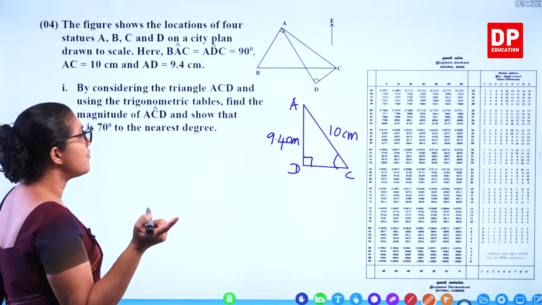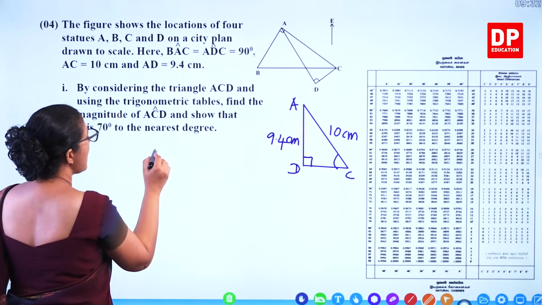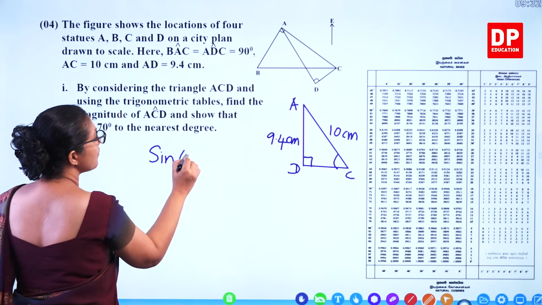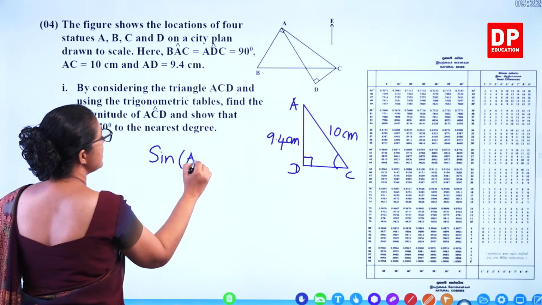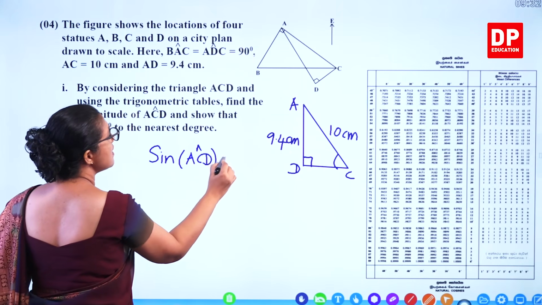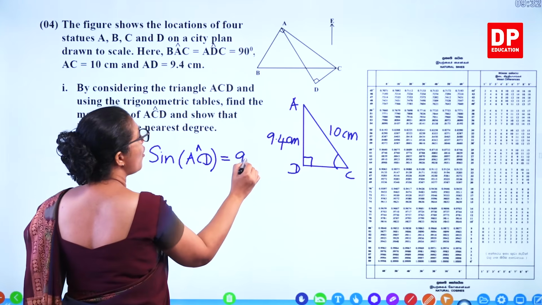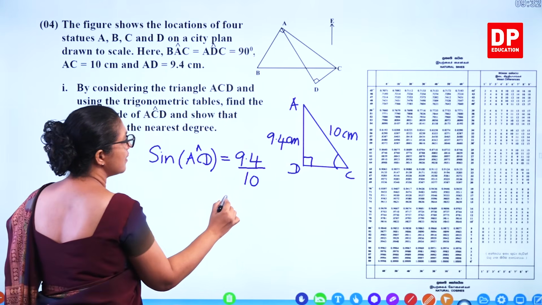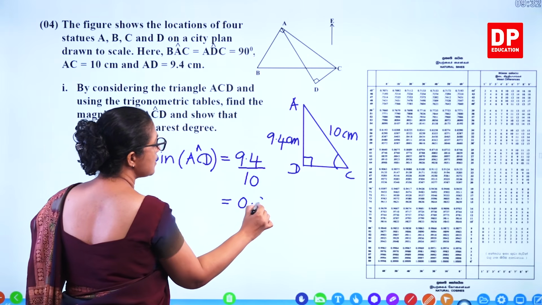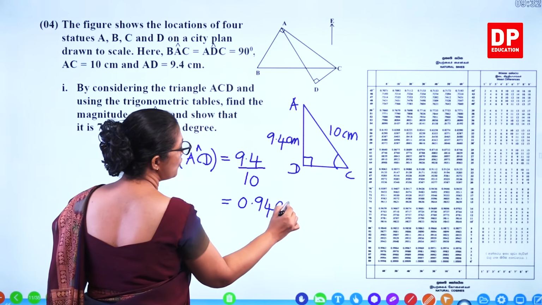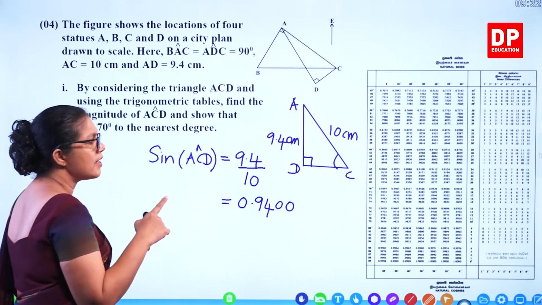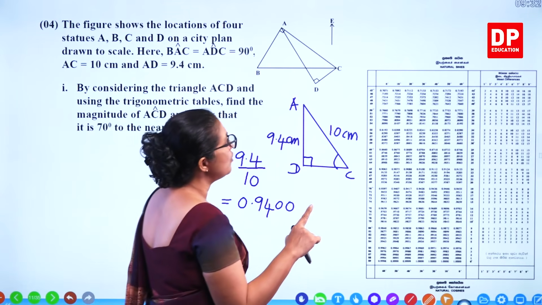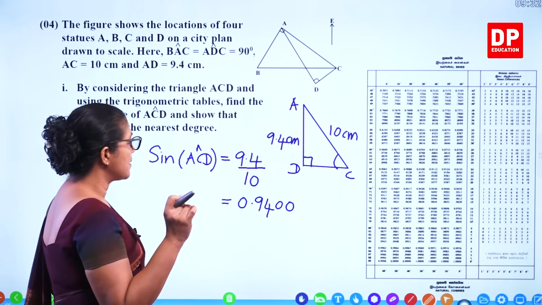So what's the suitable ratio? Sine of ACD is equal to 9.4 over 10. Then that becomes 0.94. You can put 2 zeros because we are referring to values with 4 decimal places.